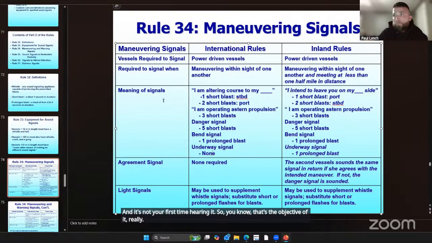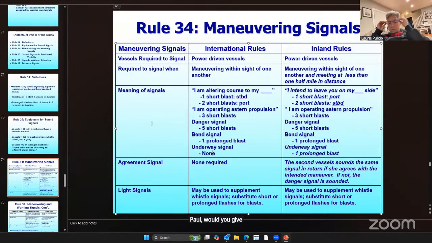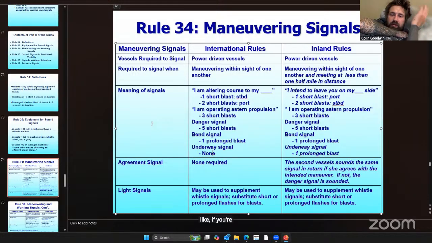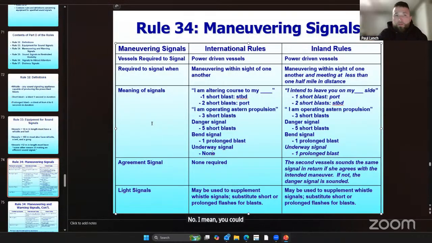Paul, would you give the bend signal if you're coming out of Kernwood, going outbound or inbound? No. I mean, you could, it doesn't hurt, but if your view is obstructed, sound it. That's my best recommendation.